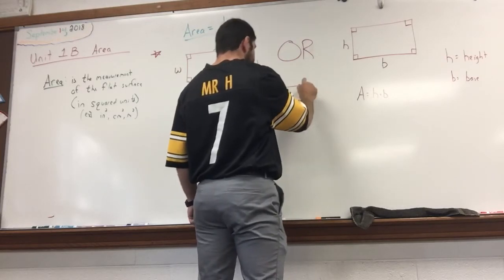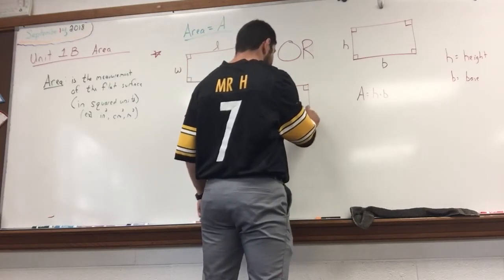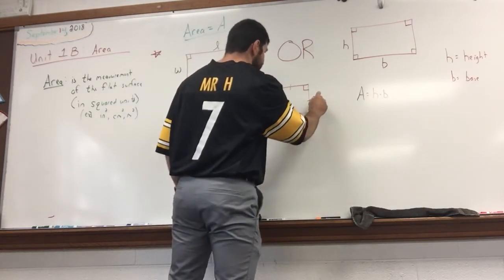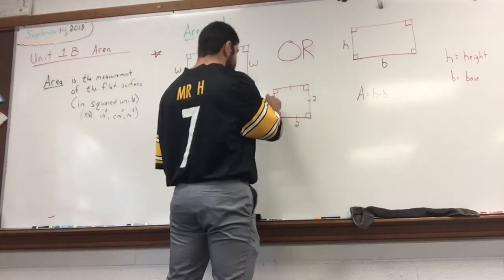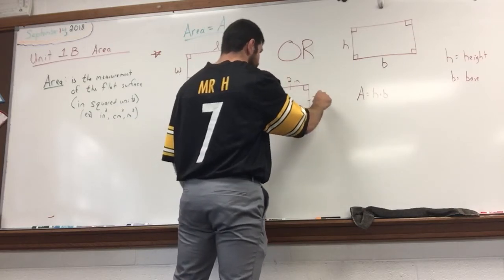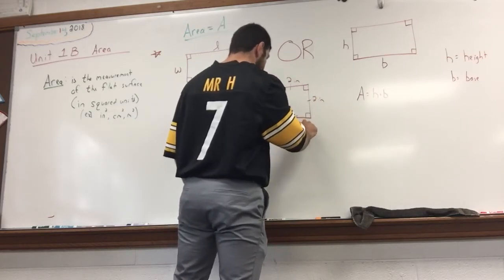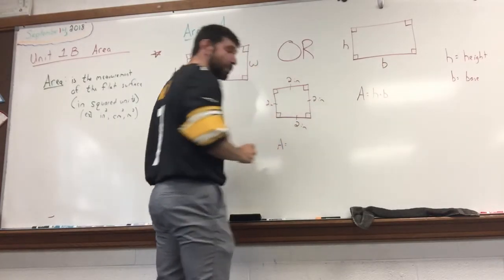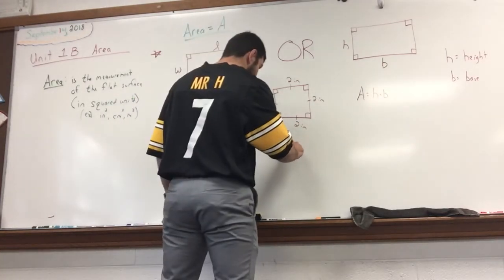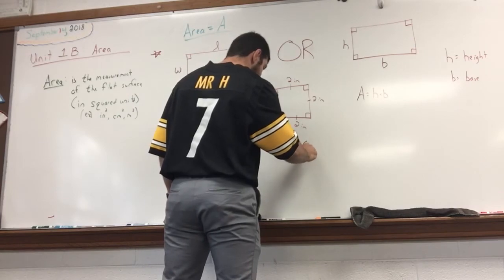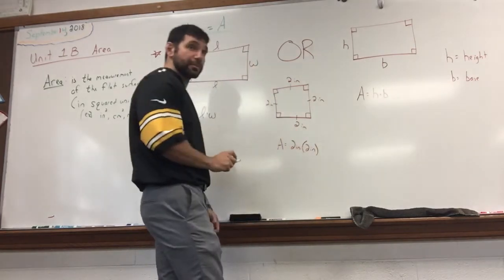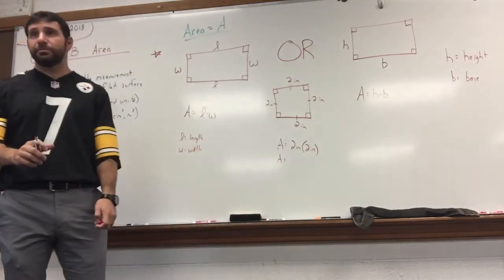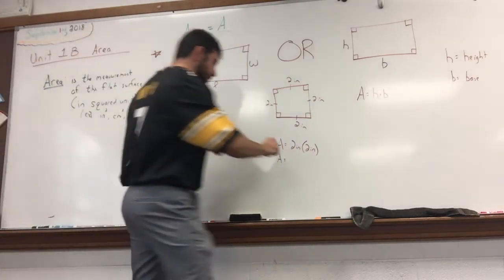If I have this square, do I have perpendicular sides? Sure. So let's say this is 2, which means this is 2, this is 2, this is 2. To do this problem, I would say area equals 2 inches times 2 inches. Area then equals, what's 2 times 2? 4.